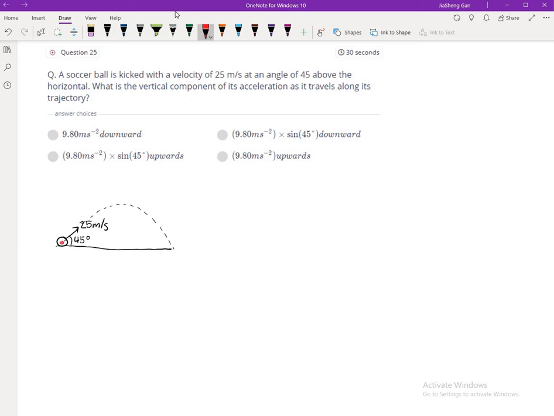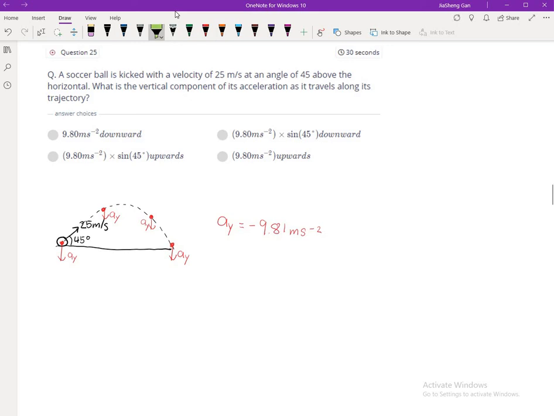So what is the vertical component of its acceleration? To know this, we have learned from projectile motion that ay must always equal negative 9.81 meters per second squared.